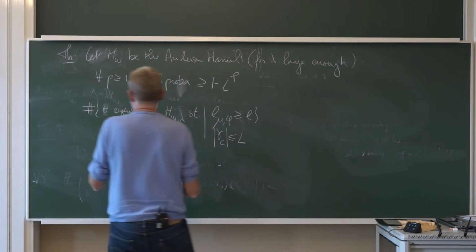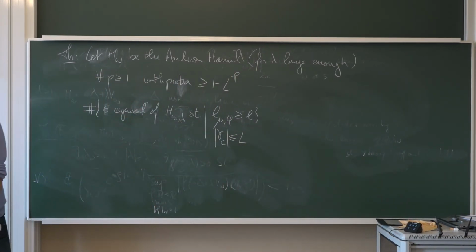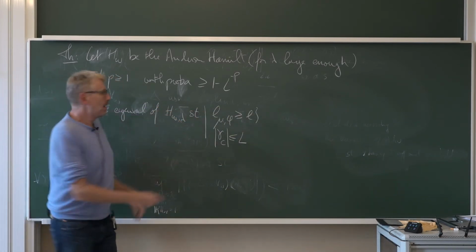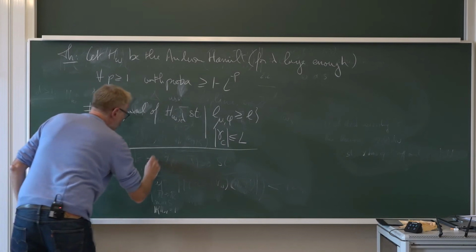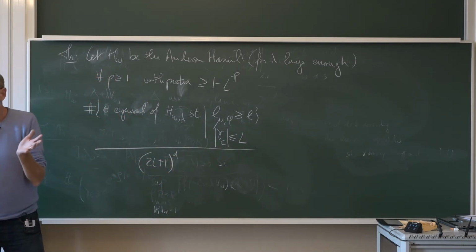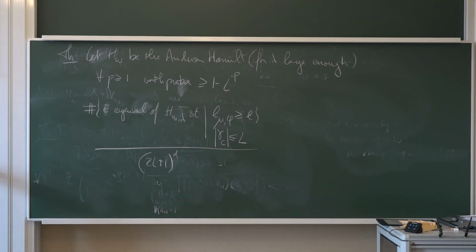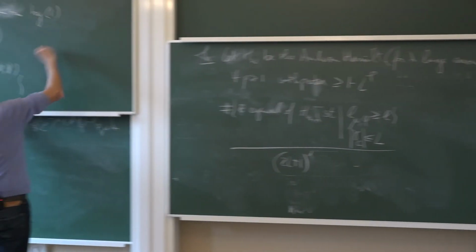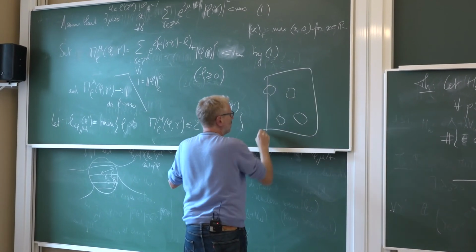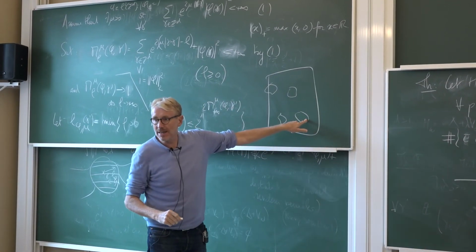Then, if you count all of them without this restriction, the number of those should be 2L plus 1 to the power d, roughly, right? Because the picture is the following. You take all your eigenfunctions that are localized, and now I cut, and I take those that are inside here.